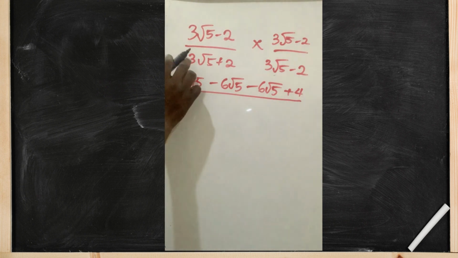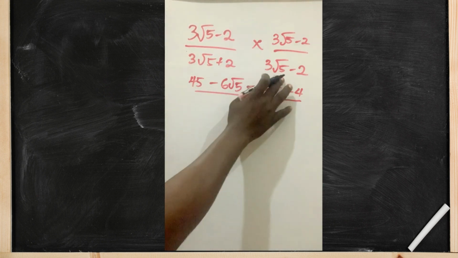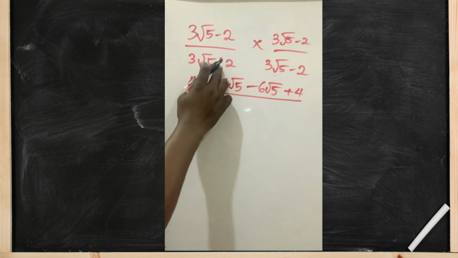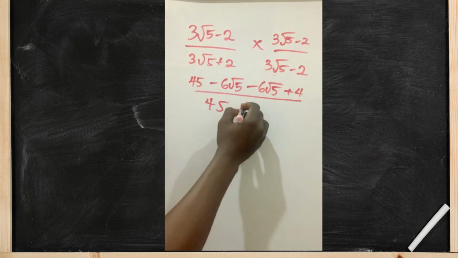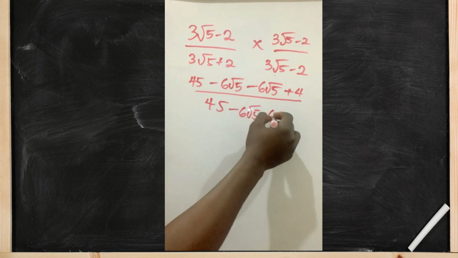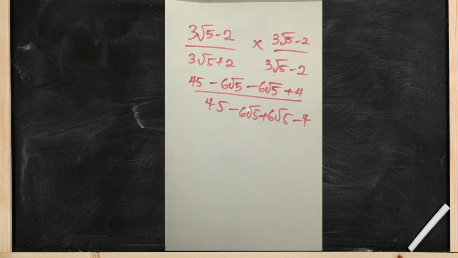it is going to be applied in a similar method with completing the square. So now let's just multiply for simplification purposes. 3 times 3 is 9, root 5 times root 5 is 5, 5 times 9 is 45. Root 3 root 5 times minus 2 gives us minus 6 root 5. 2 times this will give us plus 6 root 5. This times this will give us minus 4.